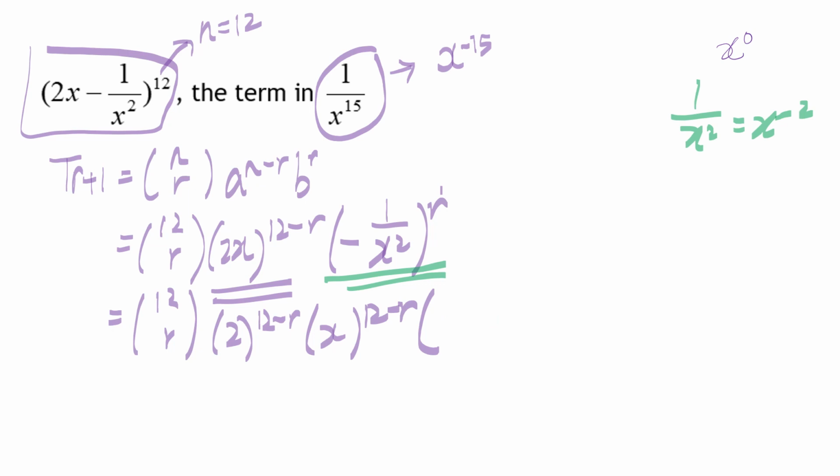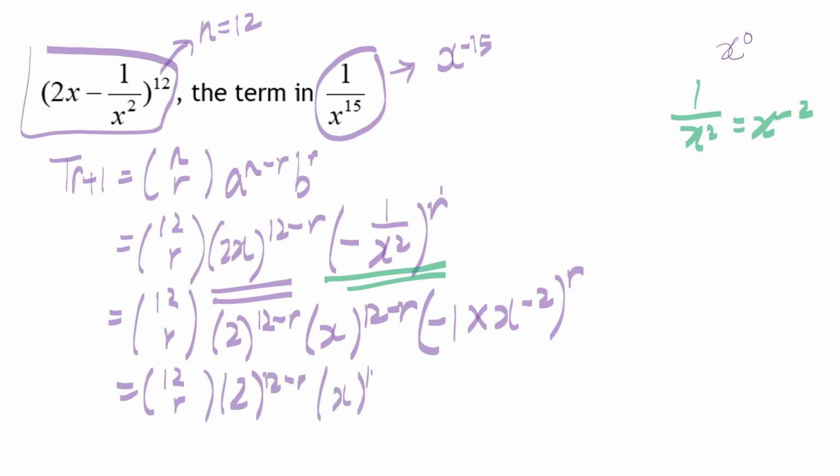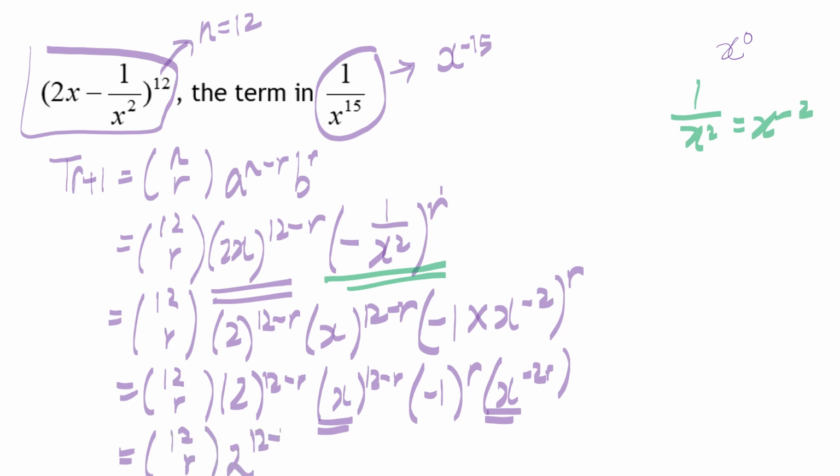So we have negative 1 times x to the power of negative 2, to the power r. Let's continue. We group the x terms together, so I end up getting 12 minus r plus bracket negative 2r, which gives you 12 minus 3r.